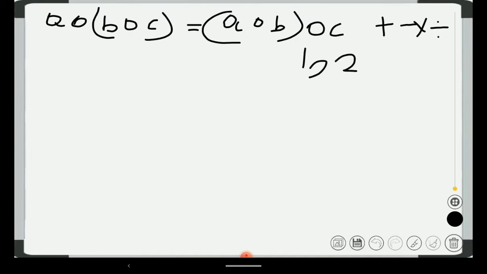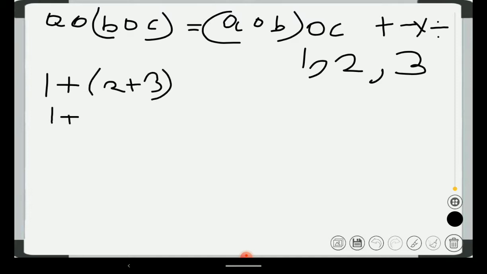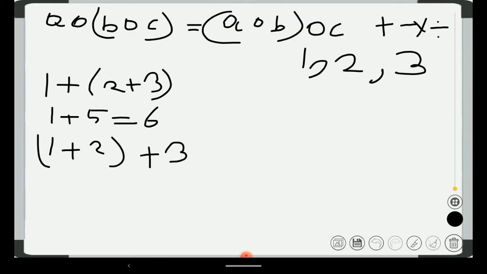1, 2 and 3. First let's check addition. 1 plus (2 plus 3) is 1 plus 5, which gives us 6, and (1 plus 2) plus 3 gives us 3 plus 3, which is also 6. So addition follows the associative property. Now multiplication.